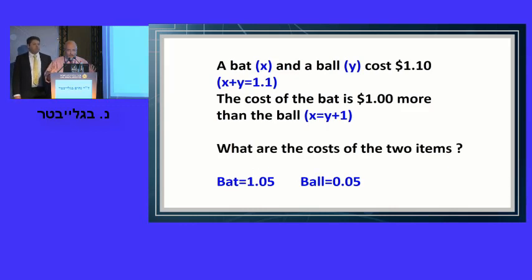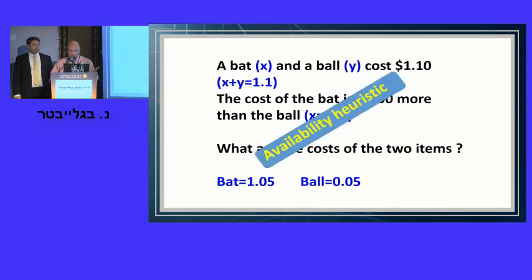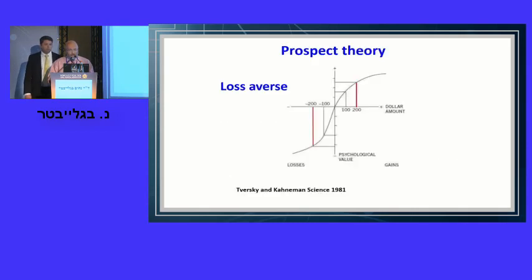If you do simple elementary school mathematics, you see that the bat is $1.05 and the ball is 5 cents. What happened? The availability heuristic kicked in. The availability heuristic is about how we think and decide according to what is available to us, to what is immediate, to what is fast, regardless of mathematics. So intuition defies rationality.